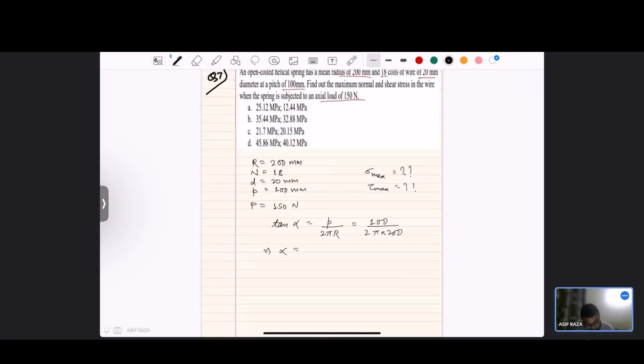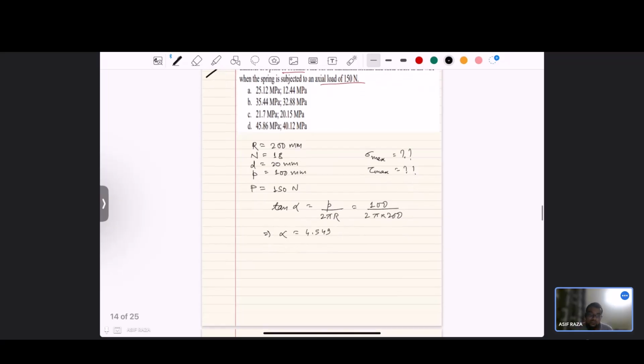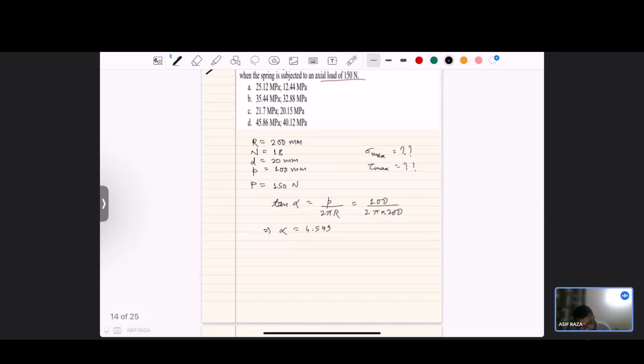This alpha would be equal to 4.549, or write it as 4.55 degree.